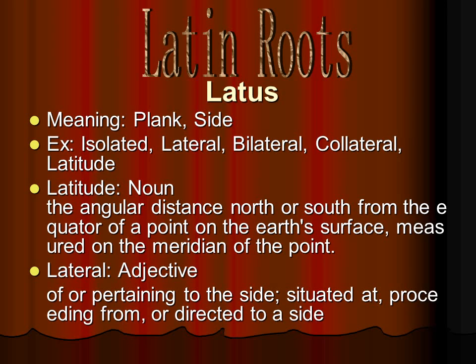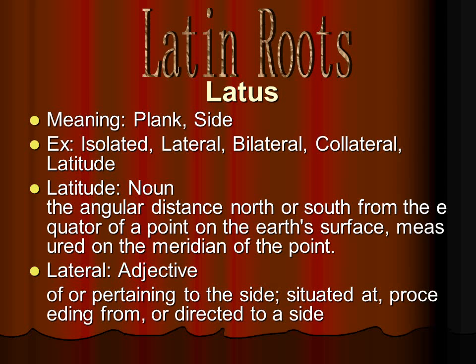Examples of using latus in English words are isolated, lateral, and latitude. The latitude of a place is its distance from the equator. The meaning of lateral is relating to the side of something or moving in a sideways direction.